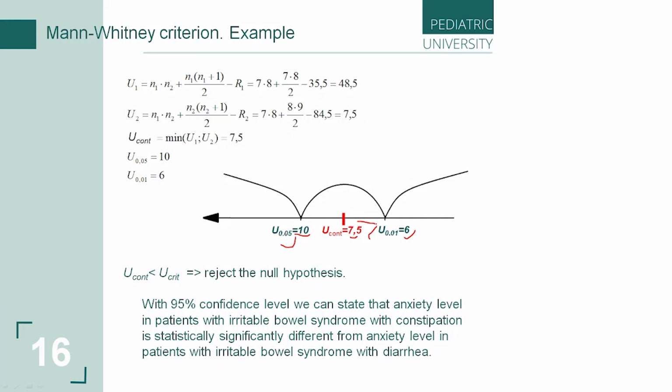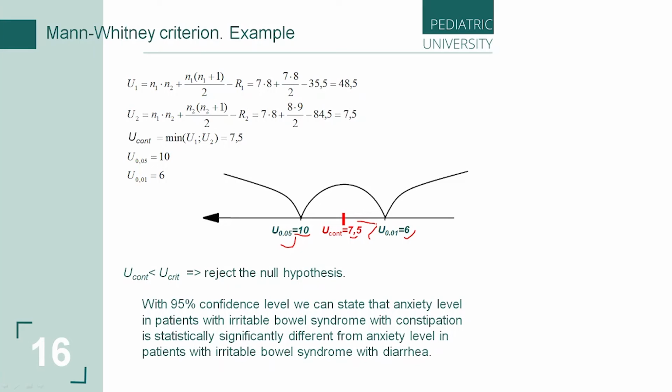It turns out that with a 95 percent confidence level, we can say that the anxiety level of irritable bowel syndrome patients with constipation is statistically significantly different from that of irritable bowel syndrome patients with diarrhea.